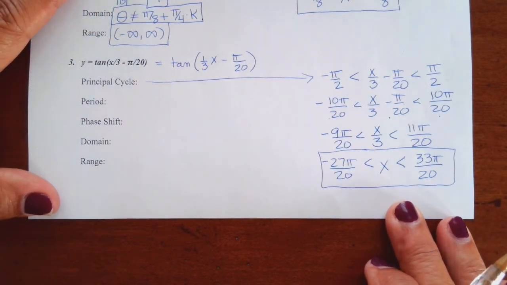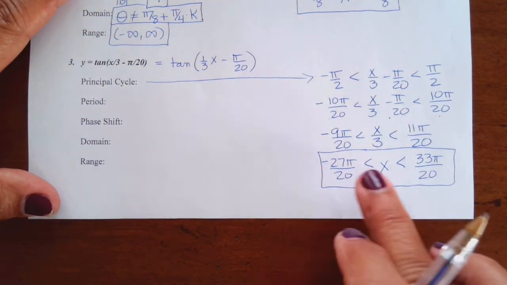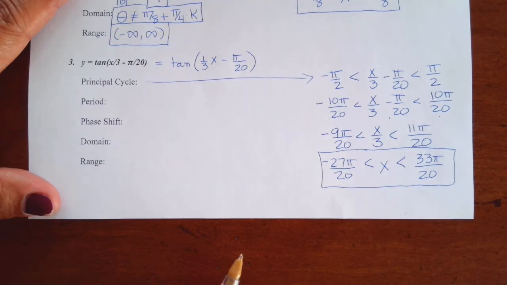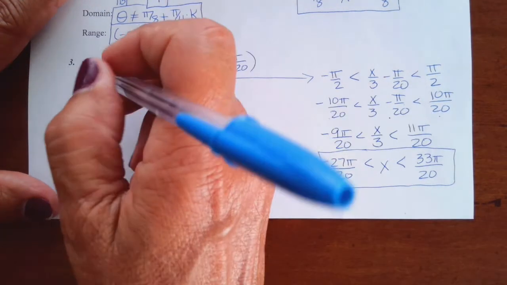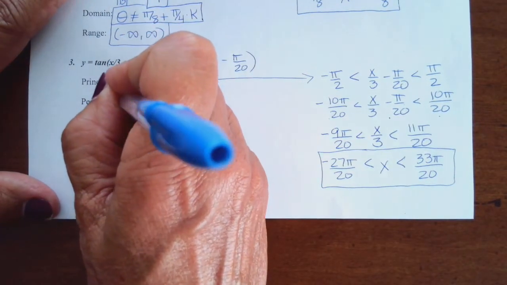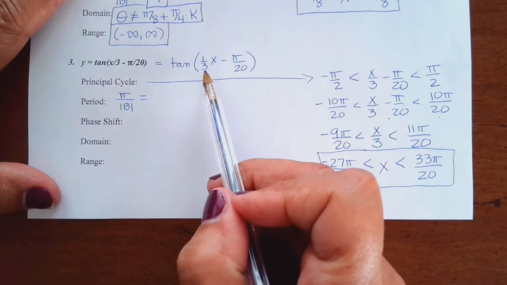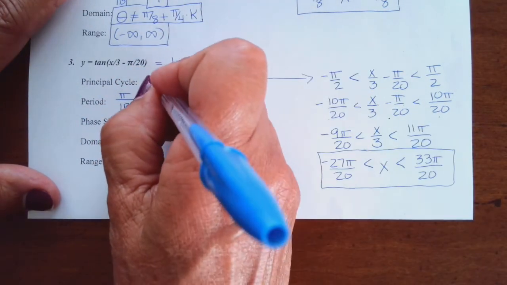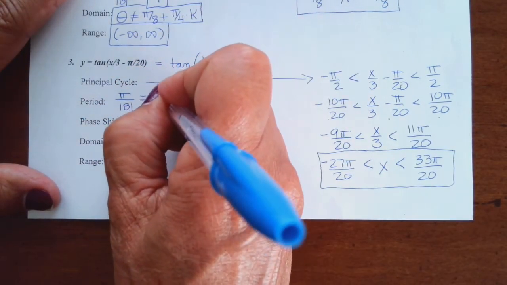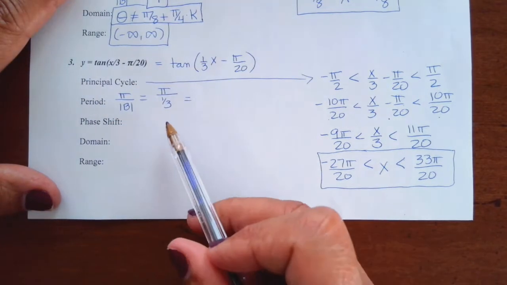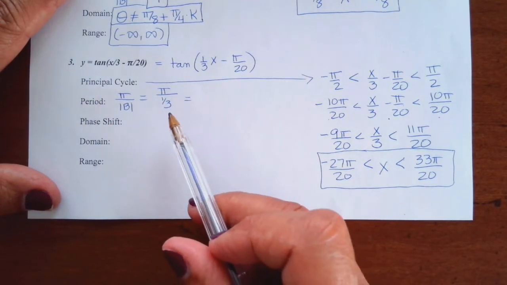Okay? All right. So there's your asymptotes. You can use either one of these when you do your domain in a minute. Now the period for tangent is pi divided by positive b, right? So our b, remember, is 1/3. So pi divided by 1/3. This is important. When you divide, you multiply by the reciprocal.